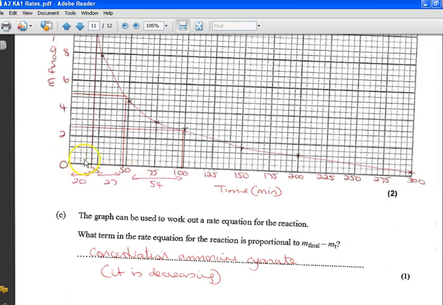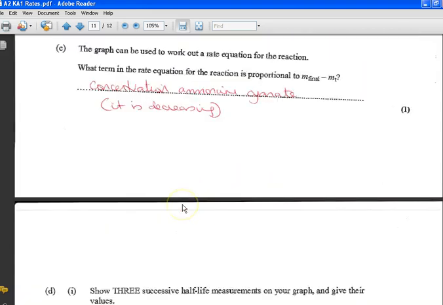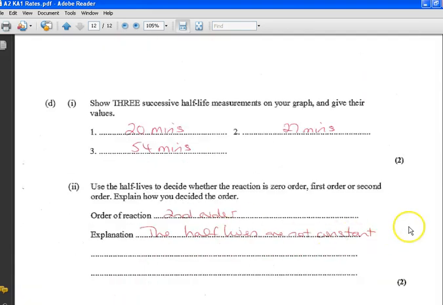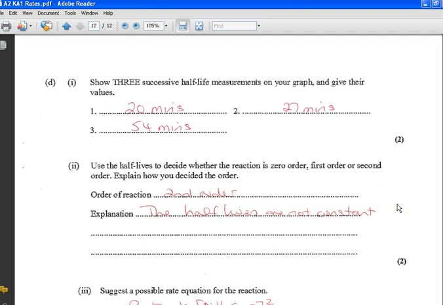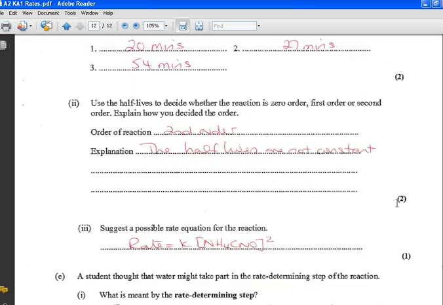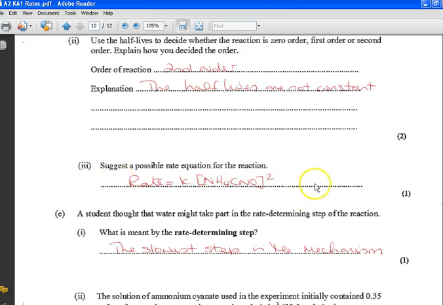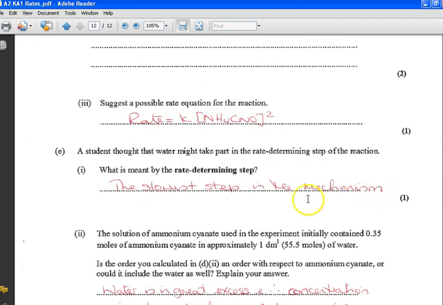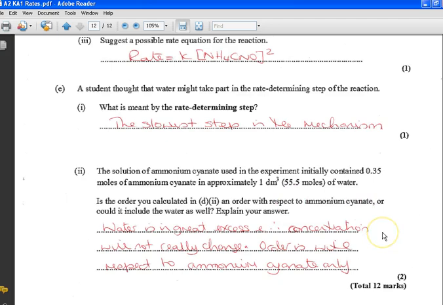Technically, it should have doubled from here to here, but it didn't. But we can make an assumption, because at A level you're not expected to go above second order, that if it's not first order, it's going to be second order. Your reasoning is that the half-lives are not constant, and that then gives you the rate equation, and the definition again for the rate determining step.